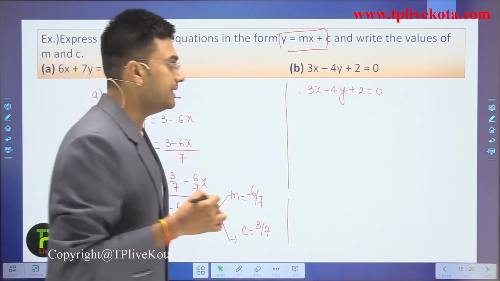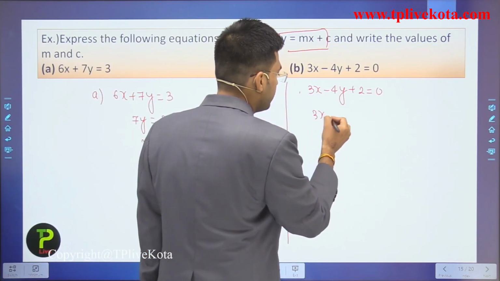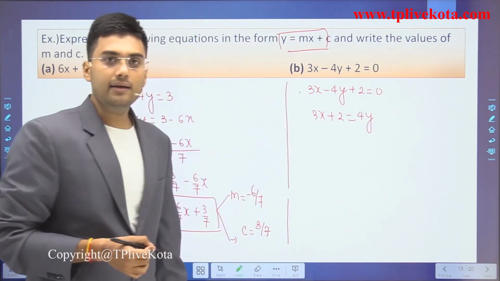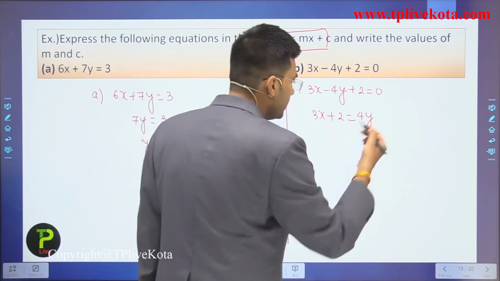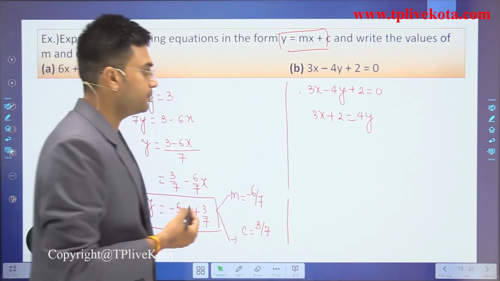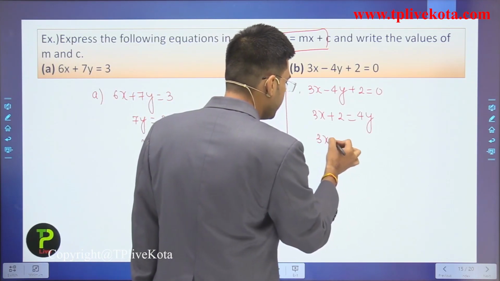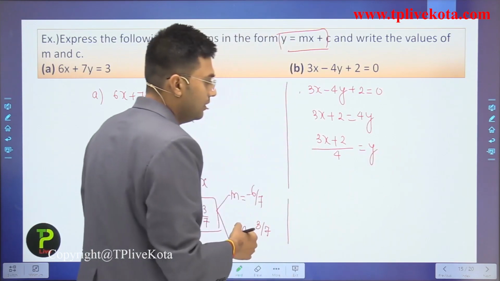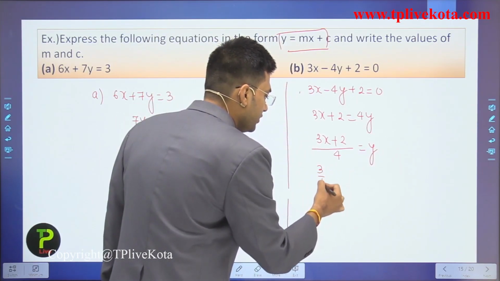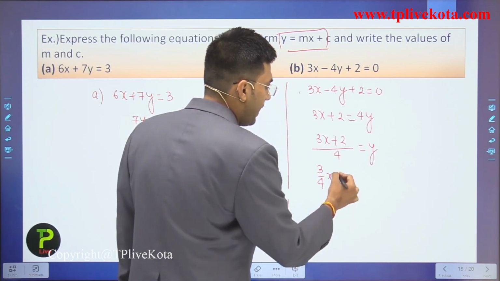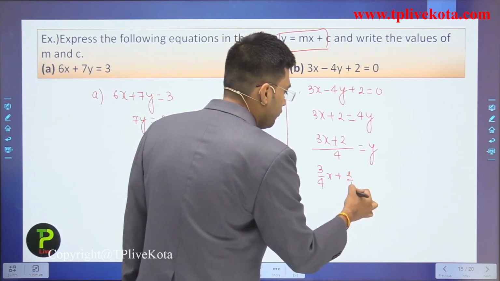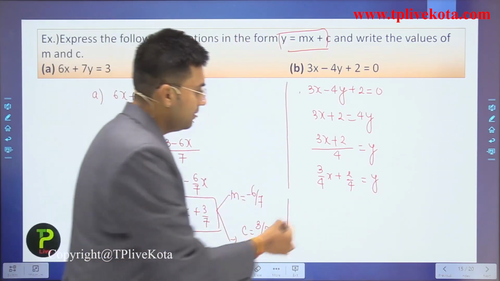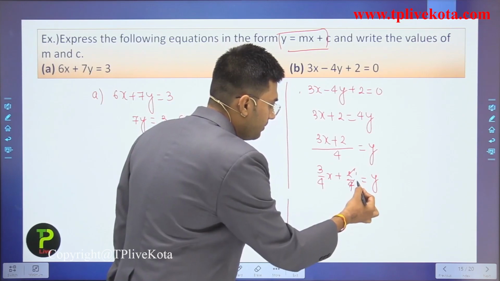Now we can write it as 3x plus 2 is equal to 4y, and now we can divide this equation by 4. So it becomes 3x plus 2 divided by 4 is equal to y, and we can write this equation as 3 by 4x plus 2 by 4 is equal to y, and we can write it as 1 by 2.